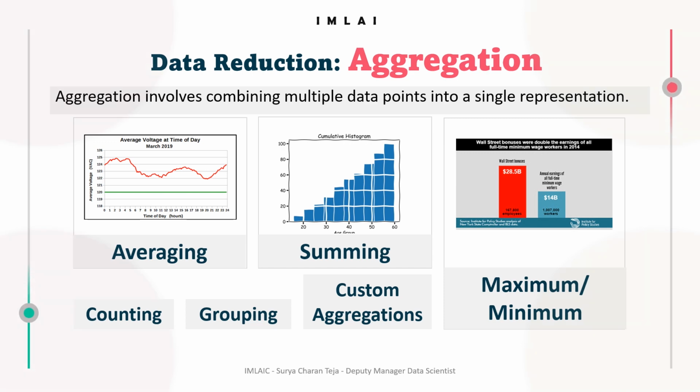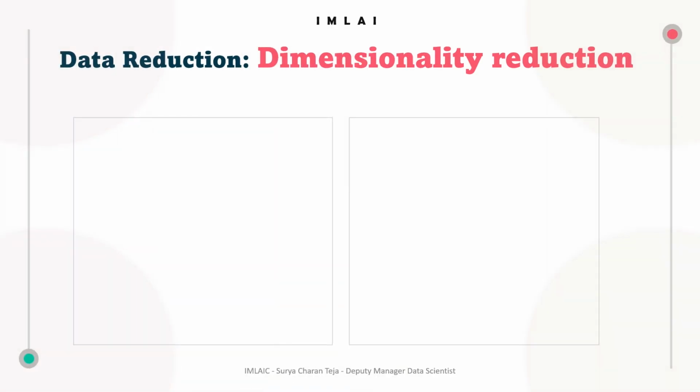Now let's look into the third technique of data reduction, that is dimensionality reduction. Dimensionality reduction involves reducing the number of features or variables in a data set while retaining important information.